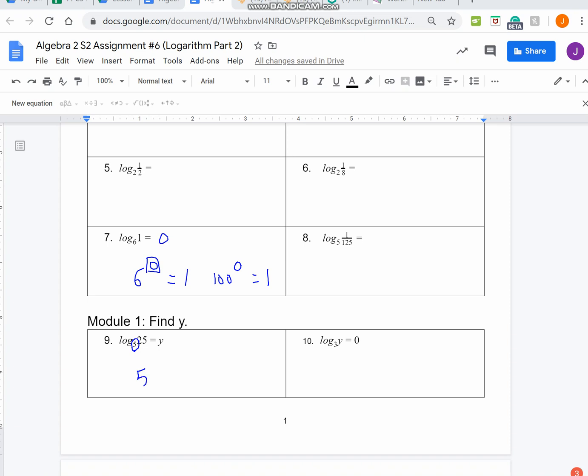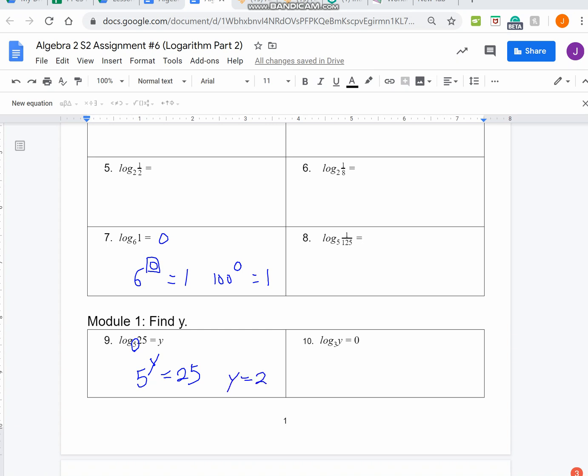So 5 to the y is going to be 25. When I change this logarithm form into the exponential form, it has to be 5 to the y equal to 25. Now all I have to do is figure out what this y should be. What should y be? y should be equal to 2.